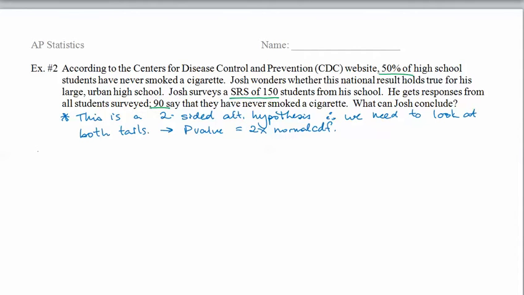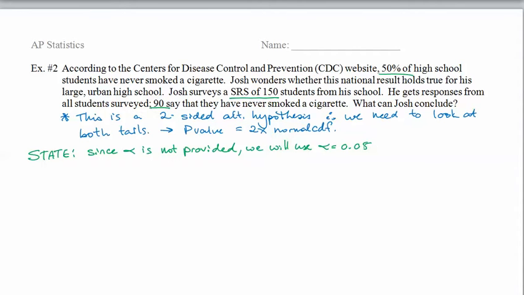We're doing our 4-step process, so the first thing to do is to state. Now, since alpha is not provided, we will use the standard value of 0.05.